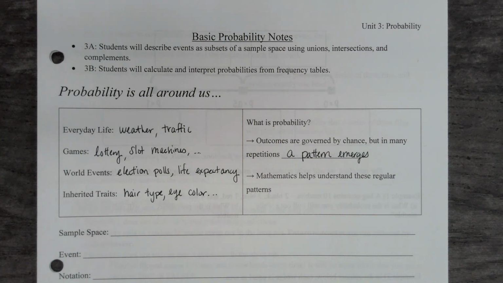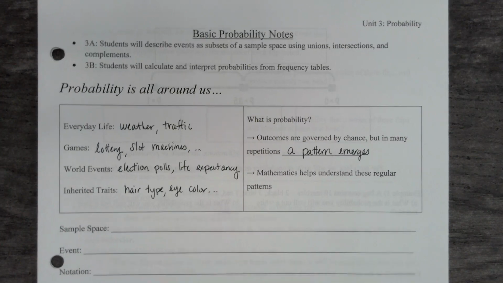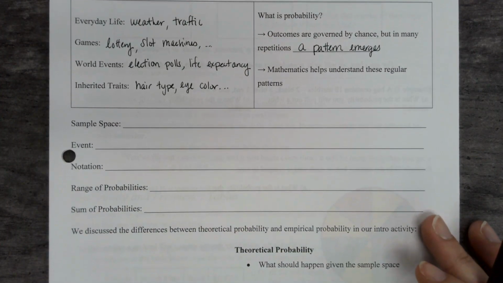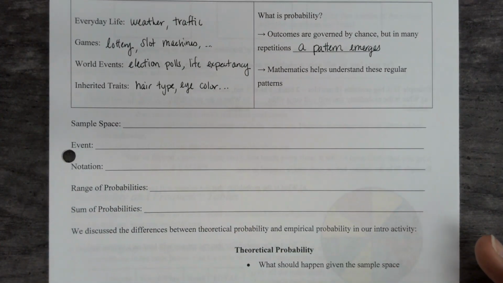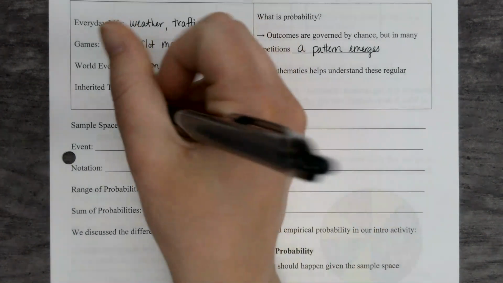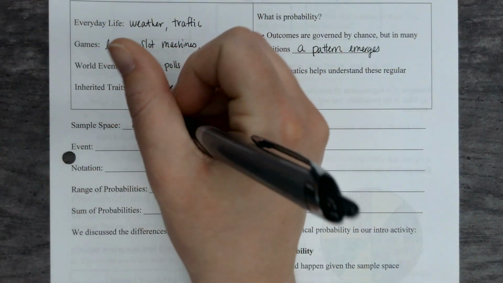So before we start getting into actually calculating probability, let's take a look at some of the vocabulary words that we're going to need to know in order to move on throughout our probability unit. A sample space is just all of the possible outcomes that we could have from an event.